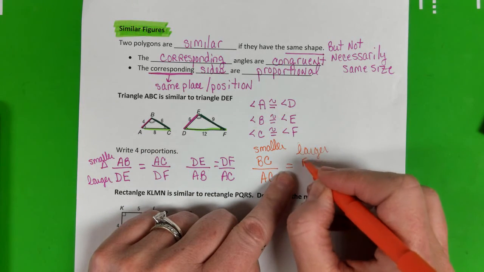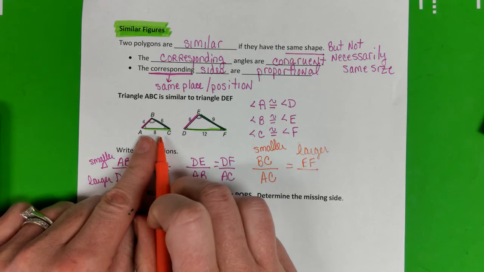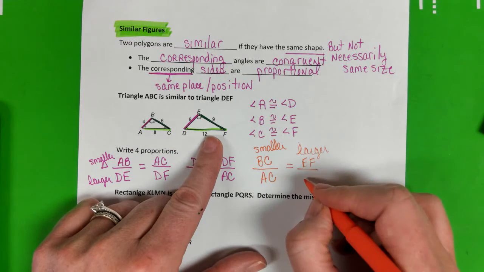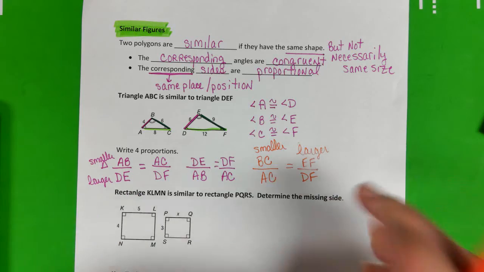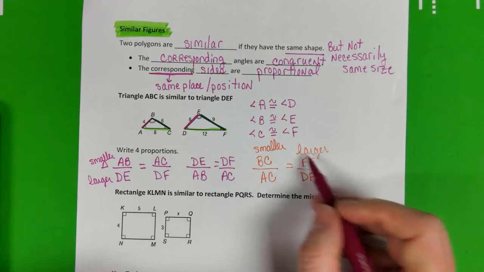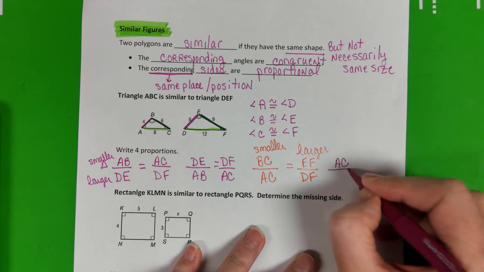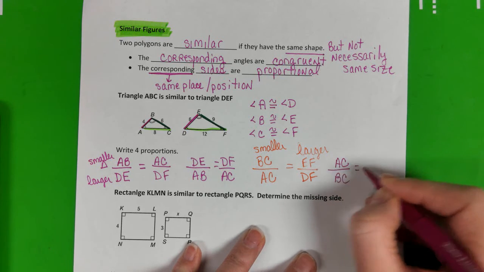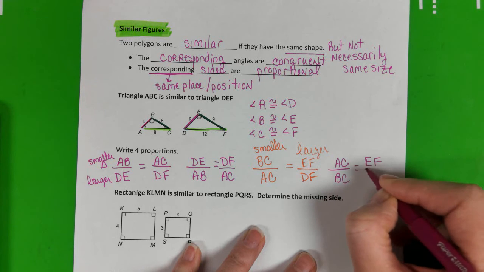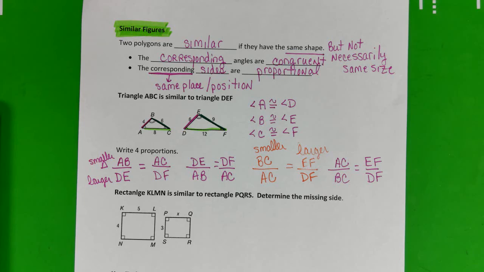So I have to put EF on top. What corresponds to AC? DF. So I have to put DF on bottom. And then again, you could take the same proportion and flip it around. AC over BC equals EF over DF. So lots and lots of different ways.